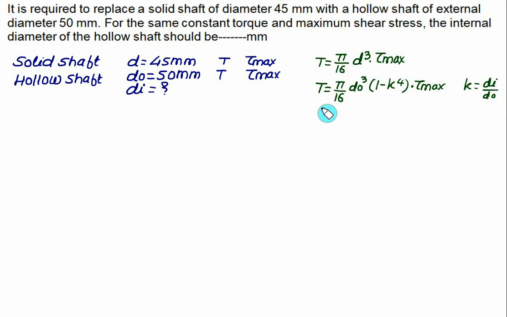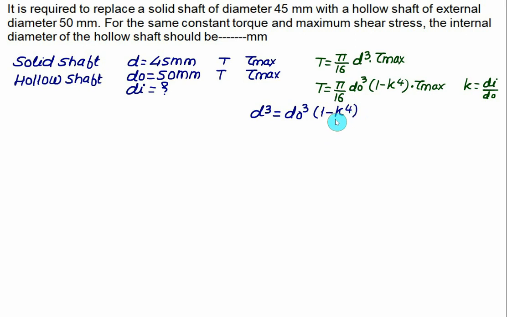So if you take a ratio here, the torque will get cancelled, pi by 16 will be cancelled, tau max will be cancelled. In that case we are left with d cube, which is equal to do cube into 1 minus k to the power 4.